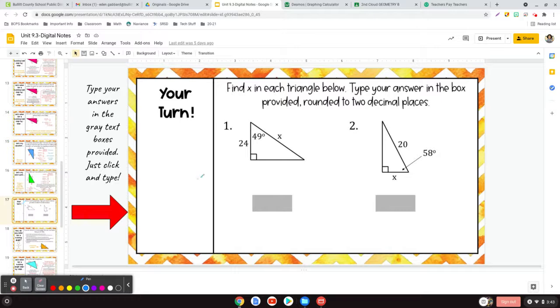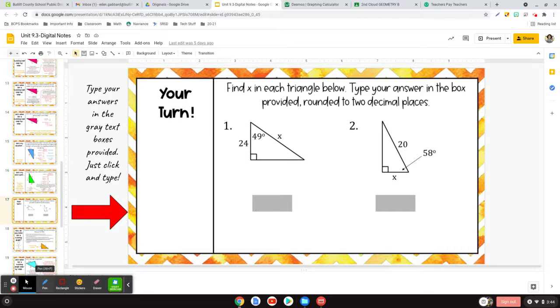So what you're going to do is you're going to go in and you're going to solve for 1 and 2. You're going to decide number 1, what is all these sides? You need to label your hypotenuse, your adjacent, and your opposite.